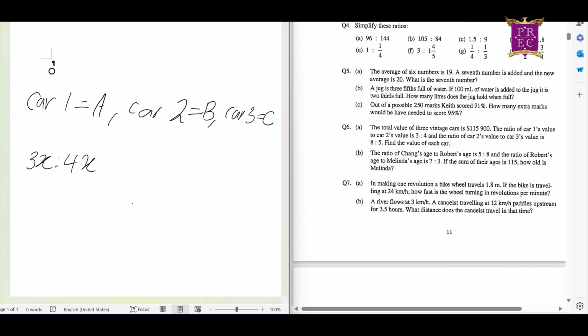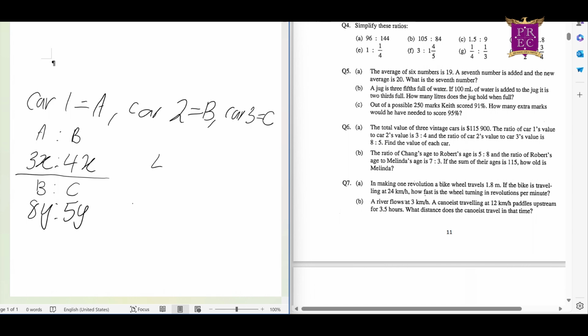So the value of car 1 to car 2 will be taken in x parts, and the value of car 2 to car 3 will be taken in y parts, so 8y to 5y. Okay, we know that this is A to B, this is B to C. Okay, we know that B is the same value regardless, right?